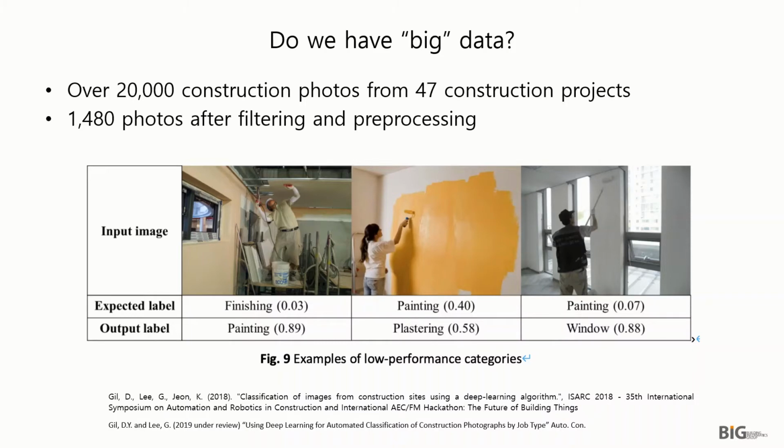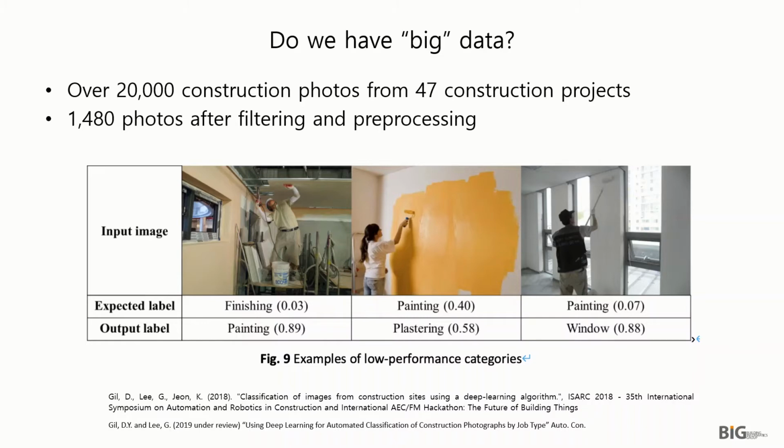We talked a lot about the temperature data. Temperature data, weather data is relatively easy to get. Traffic data, okay, we can get it. But what about construction? For example, photos. Can you get construction photos easily?